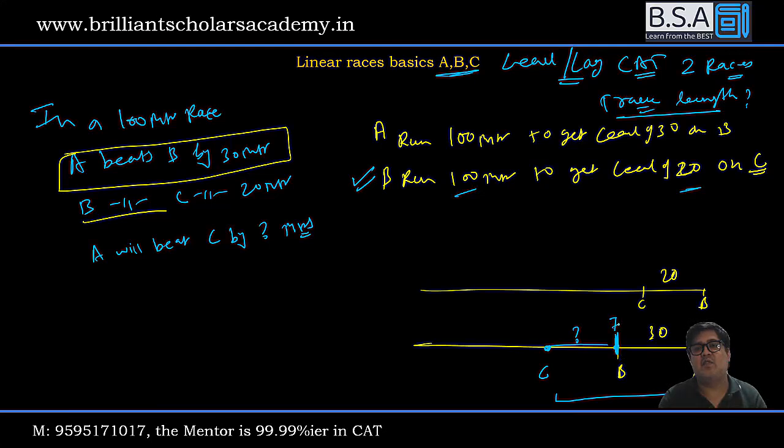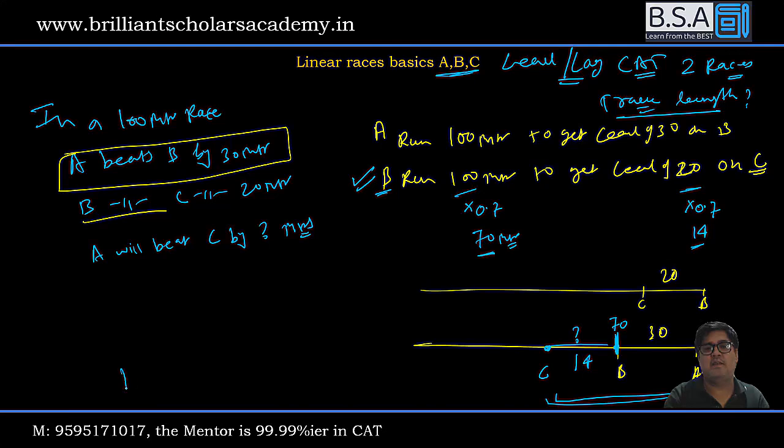B has run so far 70 meters. So how can you make this 70? Multiply 0.7. So when B has run 70 meters, how much lead will he get? 14 meters. So B has a 14-meter lead. So what is the gap here between A and C? That's your answer. Write it down.